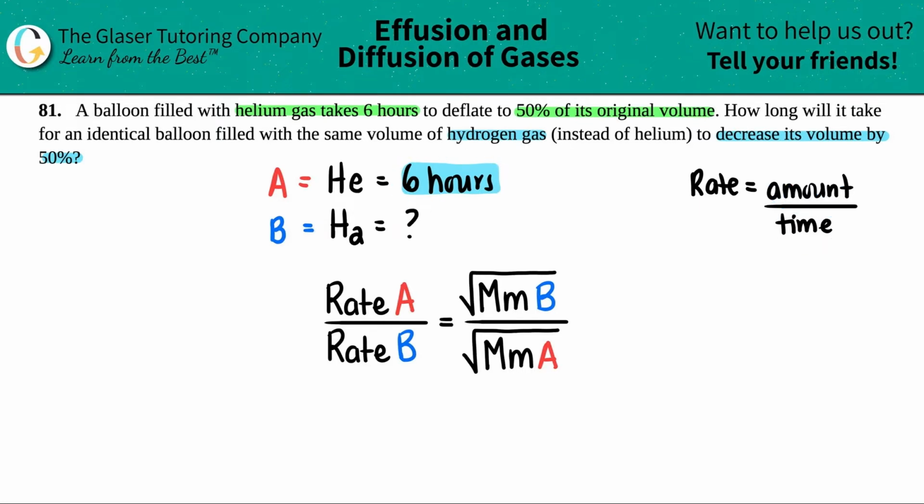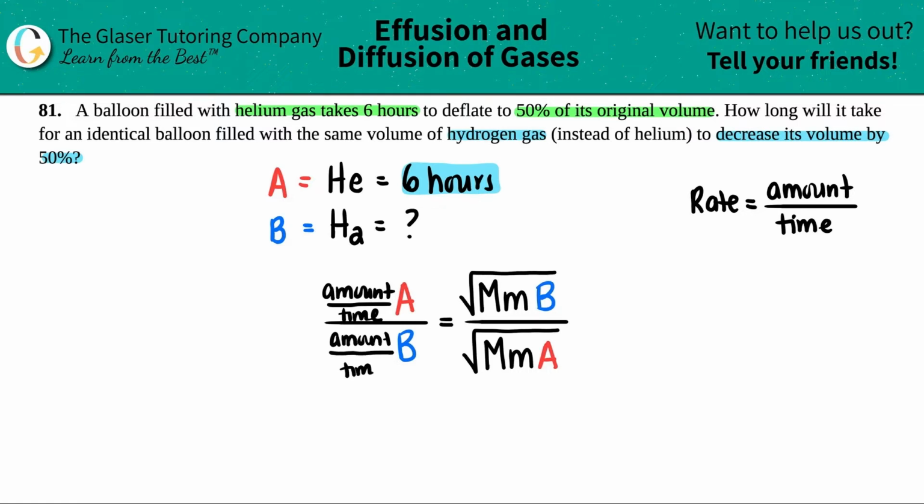So in this case, I'm going to just rewrite this a little bit. And I'm going to say that instead of saying rate A, I'm going to basically say that it's the amount of A divided by the time. And then the same thing here. So I'm not going to say rate. I'm going to say it's the amount divided by the time.